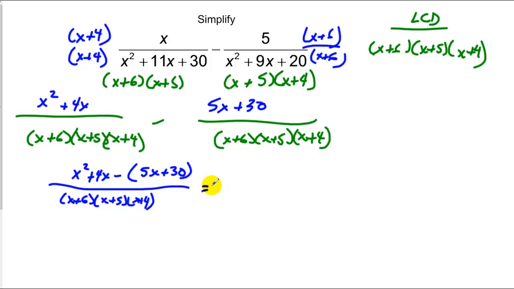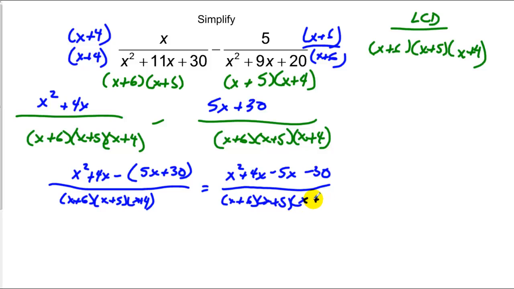This gives me x squared plus 4x minus 5x minus 30 over x plus 6 times x plus 5 times x plus 4, which is x squared minus x minus 30 over x plus 6 times x plus 5 times x plus 4.